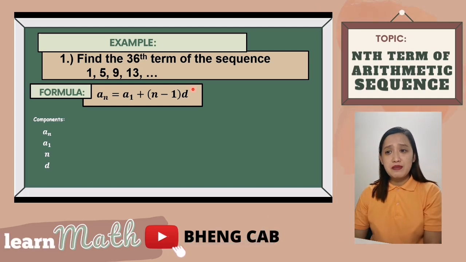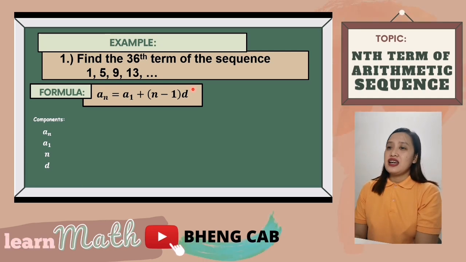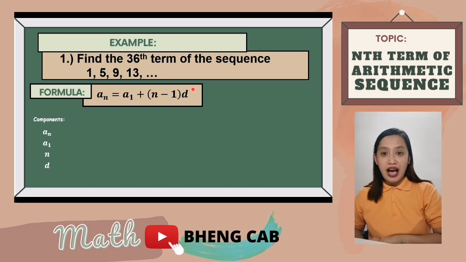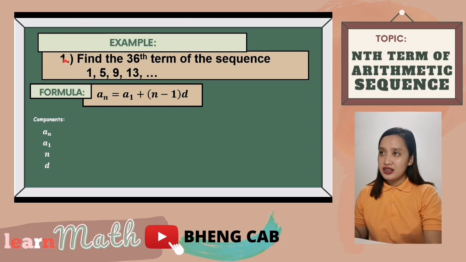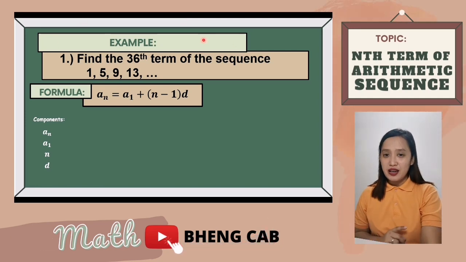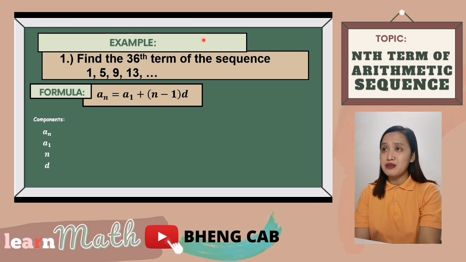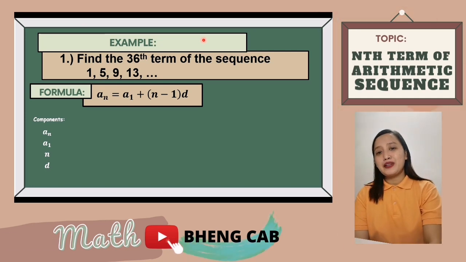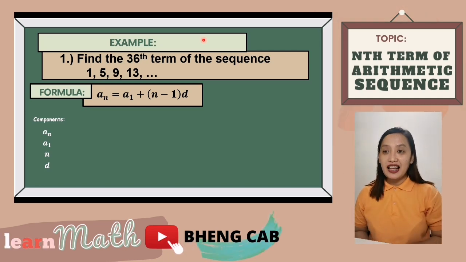Okay, yung components na meron tayo ay a sub n, a sub 1, n, at d. Yung apat na components na to, hindi natin lahat mahanap yung values nila through this given sequence. Kasi, kapag lahat yan andyan na, ibig sabihin, wala na tayong mahanapin, wala na tayong problemang susolusyonan. Kapag meron kang apat na components yan, most probably, meron tayong tatlong given na kaagad.